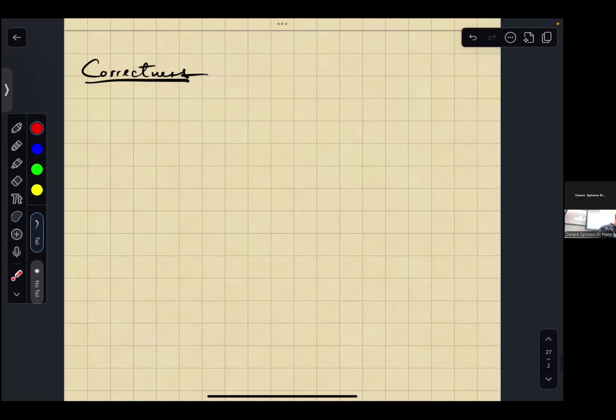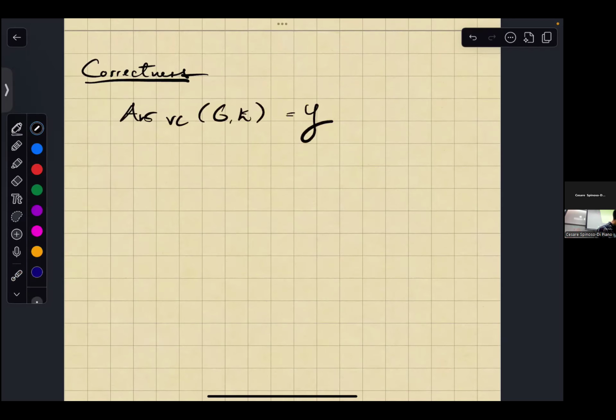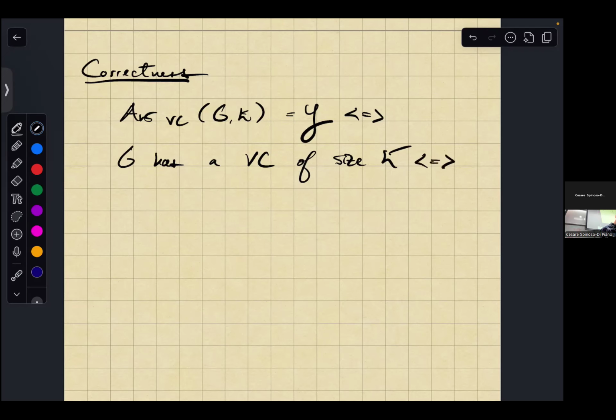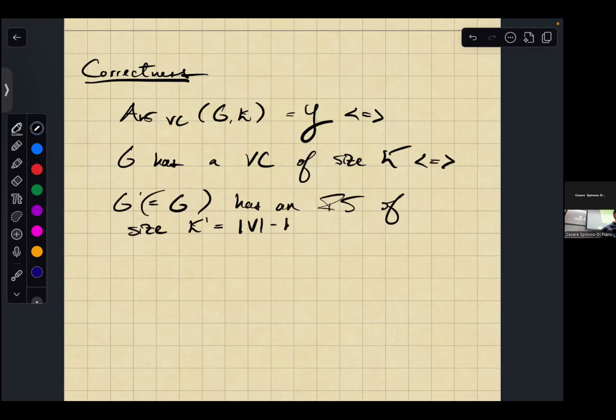So let's see. The answer to the vertex cover problem for G and K is yes if and only if G has a vertex cover of size K. I mean, that's what it means to be an instance of VC. And then by the lemma, this is true if and only if G prime, which is actually equal to G as a reminder, has an independent set of size K prime, because this is, as a reminder, V minus K. So this is by the lemma.